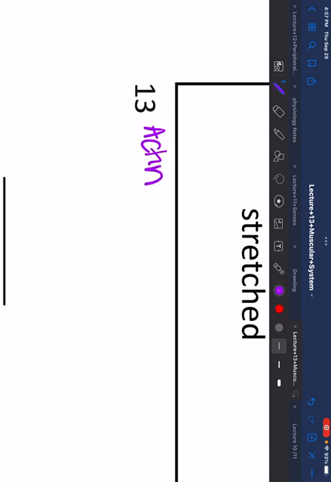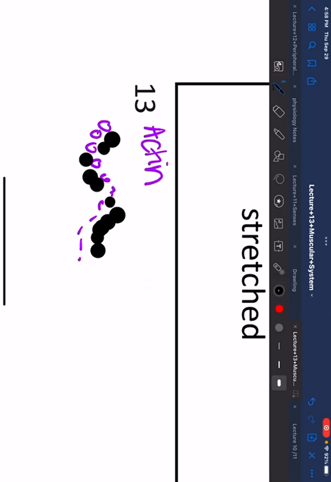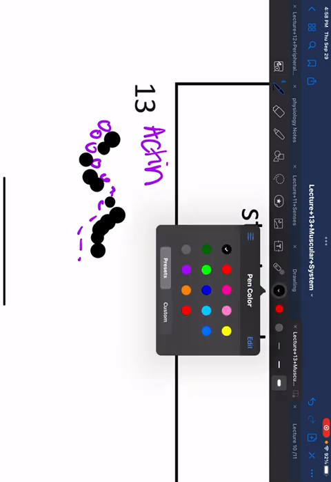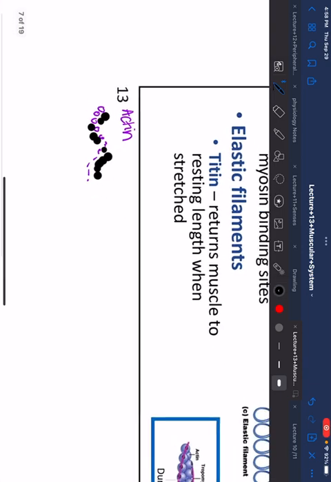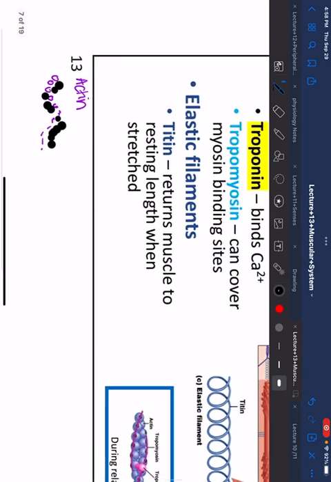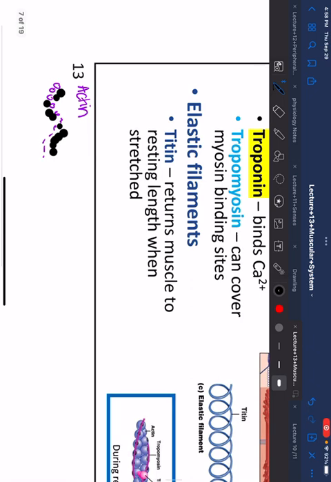And we can have two actin strings kind of intertwined with each other. So at a certain point during muscle contraction, this myosin head with its actin binding site can bind to the actin. So here in purple, we see the individual beads of actin kind of intertwined together. That's one component of the actin thin filament.